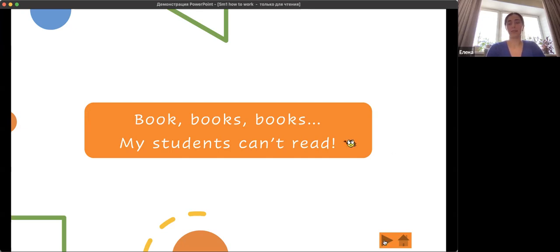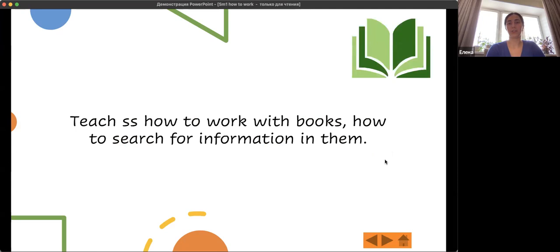So let's then look at the slides, what I suggest. Of course, first of all, you need to teach students how to work with books and how to search for information in them. If we start, for example, with colors or numbers, we have these pictures in our book, so students need to know what page they're on.